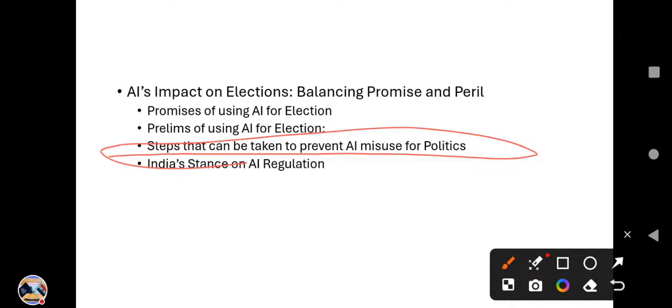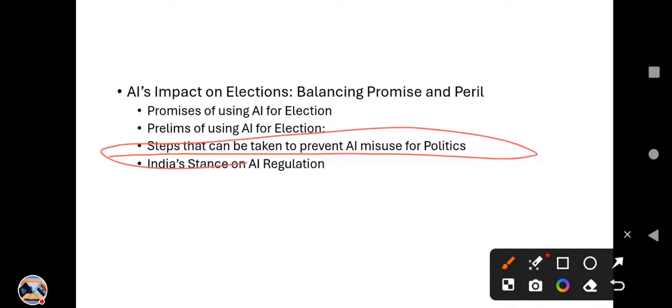Employment of proactive measures. Proactive measures means robust regulatory frameworks and oversight mechanisms to mitigate AI driven manipulation risks. Okay, and invest in digital and media literacy programs. Why this? To empower voters to discern fact from fiction and resist manipulation.